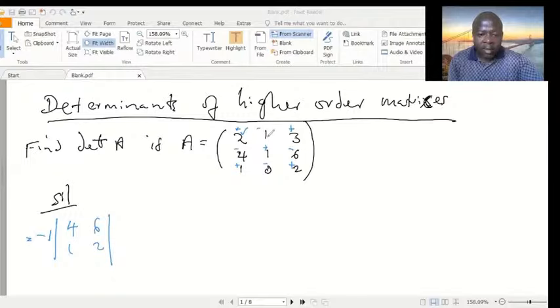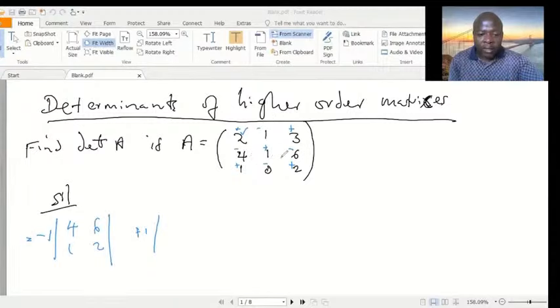So -1 times the determinant of the matrix that remains when you delete the row of 1 and the column of 1. The second element in this column is 1, and the sign is positive. So delete the row of 1 and the column of 1.